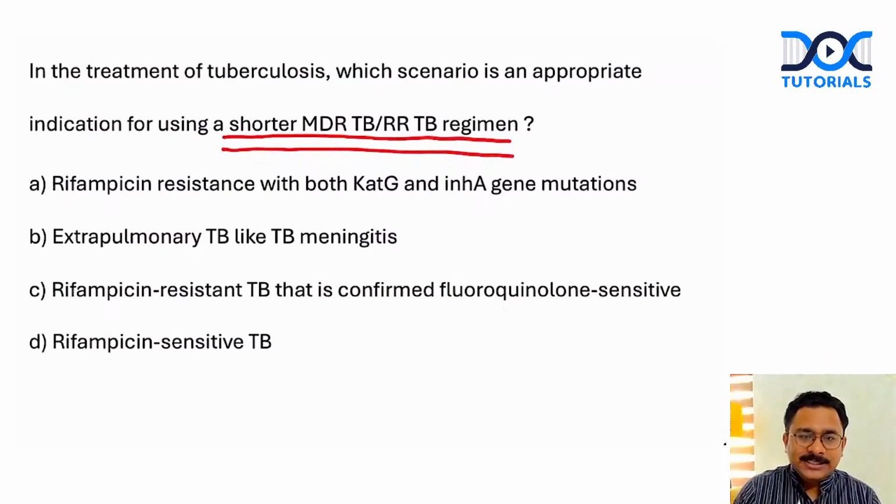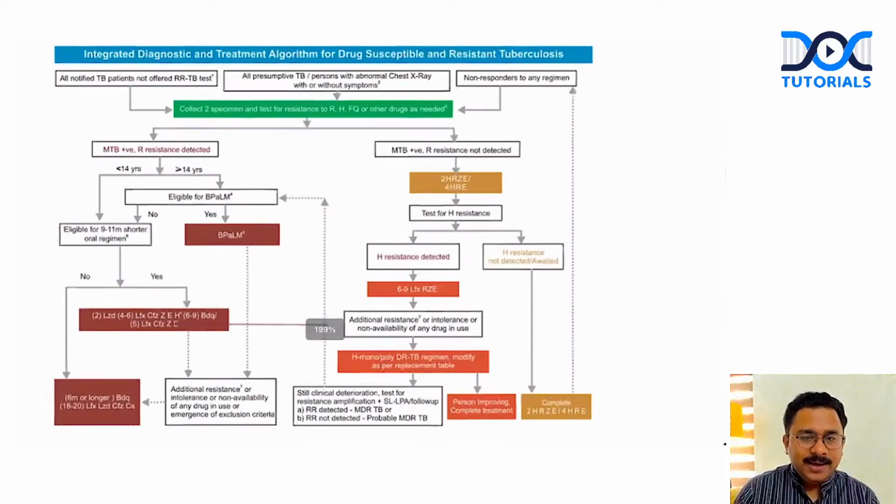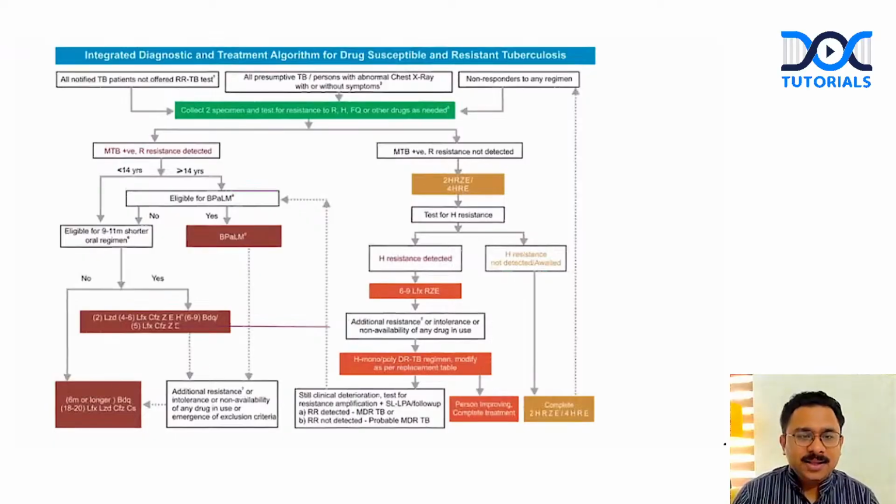Now, the question is specifically about a regimen. I have taught you the algorithm. This one is the latest algorithm for the treatment of tuberculosis. When it comes to drug resistance, you have the BPAL-M regimen.